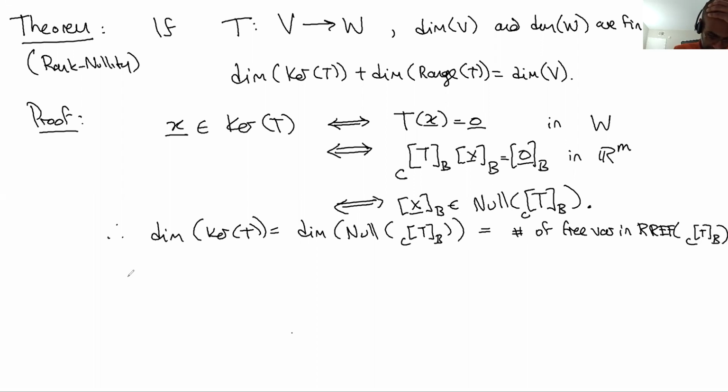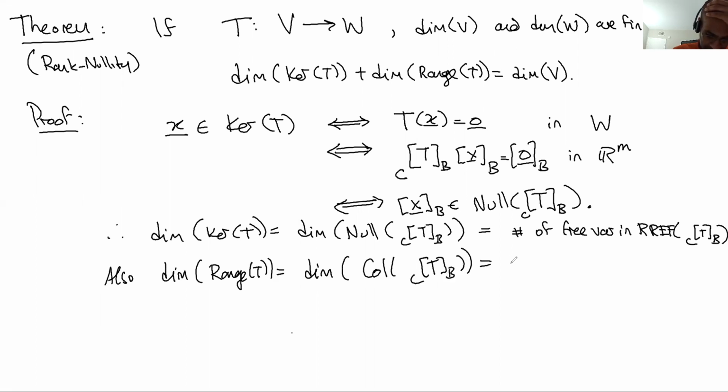And similarly, by the same argument, the dimension of the range of T is the dimension of the column space of this matrix, which is the number of pivot variables.